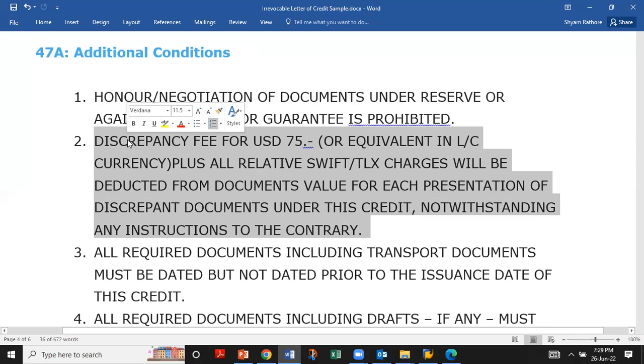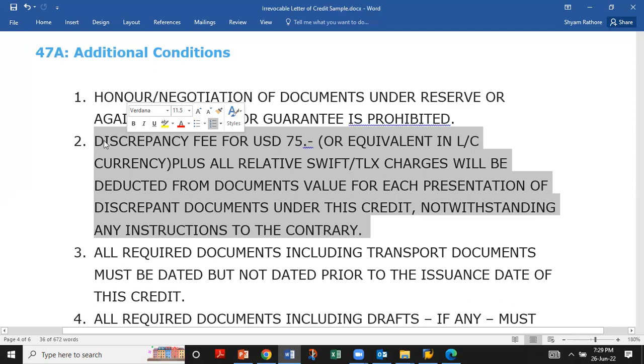If the LC is in USD, they will charge USD; if the LC is in euro, they will charge euro as the mentioned bank fee, plus all relevant SWIFT and telex charges, deducted from the document value for each presentation of discrepant documents under this credit. So the bank will deduct the charges from the beneficiary at the time of payment.